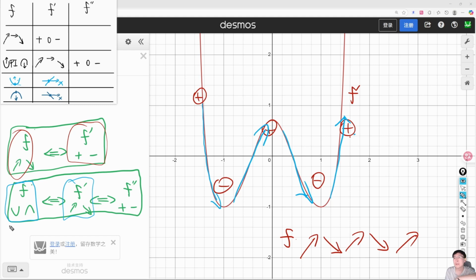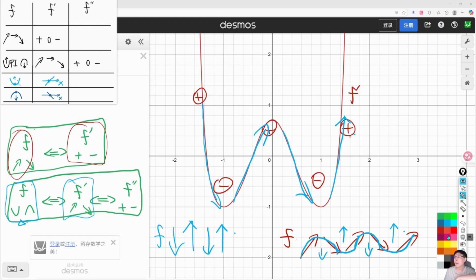That tells us that the shape of f must be down, up, down, up, down, up, down, up. At last, we almost find every detail of the graph of f based on the graph of f prime.